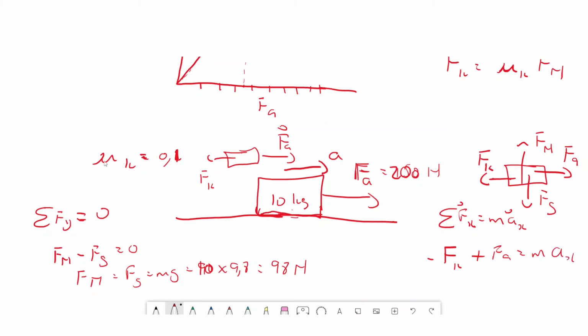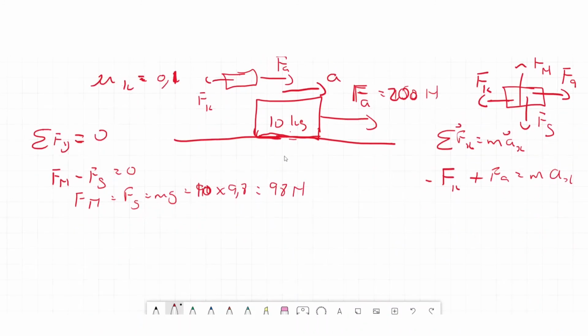Now, what is going to be the frictional force? If you wanted to calculate just the kinetic friction alone, what you are going to do is say Fk equals mu Fk times Fn, and that was going to be 0.1 because I said this is going to be 0.1. Fn, you've already found it is 98. That's how you would find Fk.